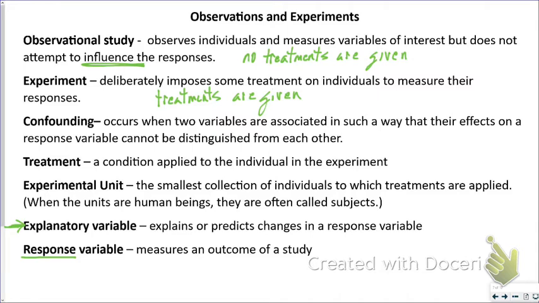But if we have a confounding situation, that means there's some other variable that I'm not interested in. Maybe I did not control it for whatever reason, and it may affect the response. And now I don't know if the explanatory variable determined the response or if this other variable did. So I have a confounding situation.